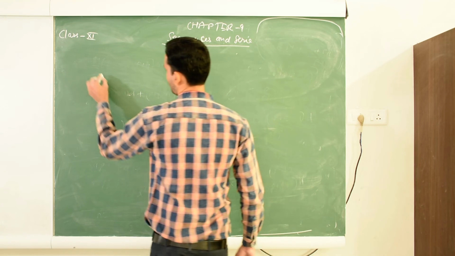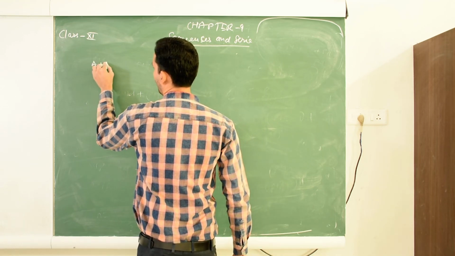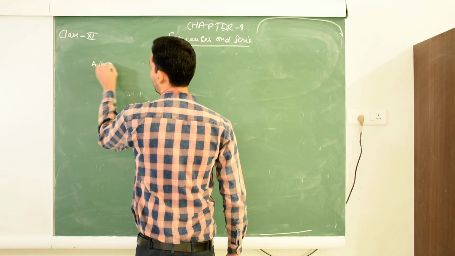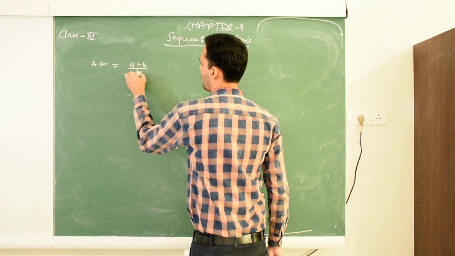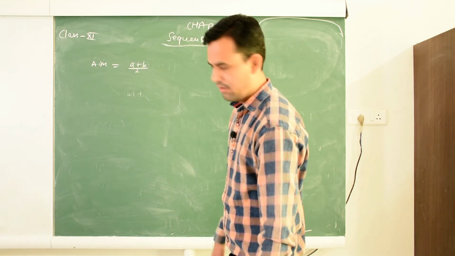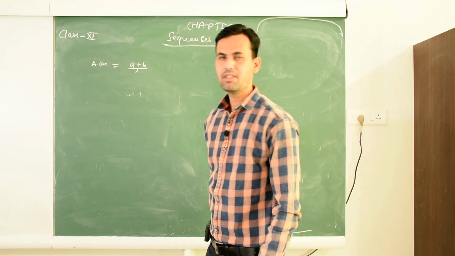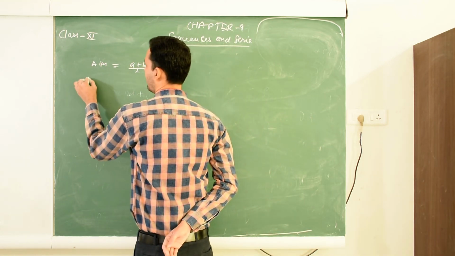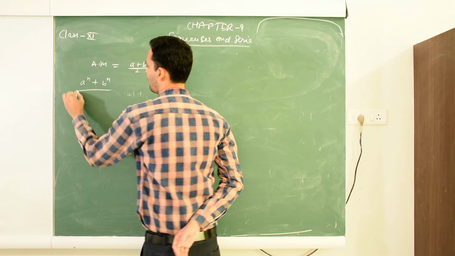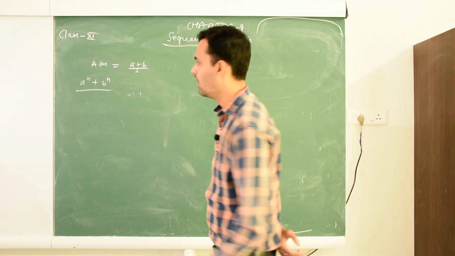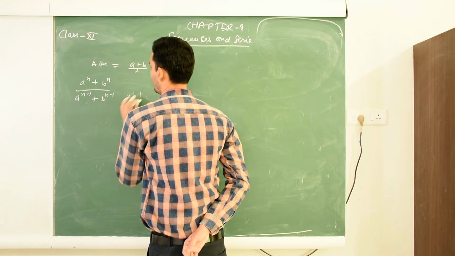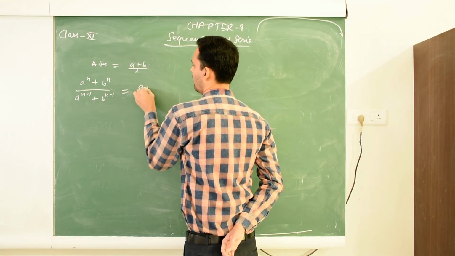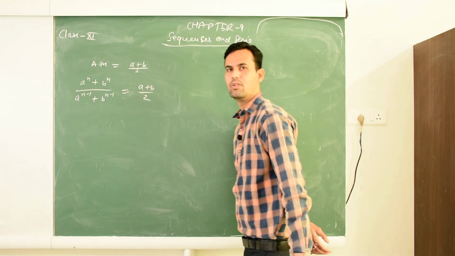So given, arithmetic mean equals (a plus b) by 2, and the arithmetic mean is given as (a to the power n plus b to the power n) upon (a to the power n minus 1 plus b to the power n minus 1) equals (a plus b) by 2.